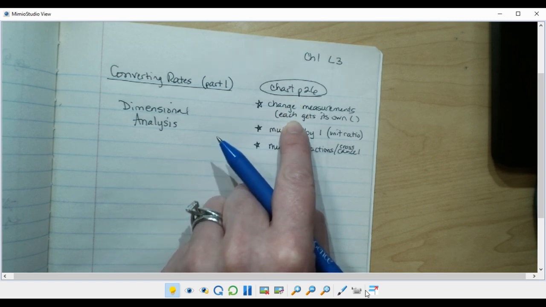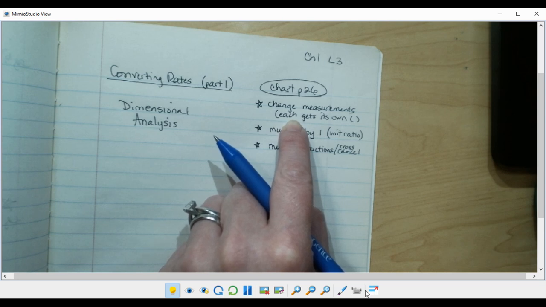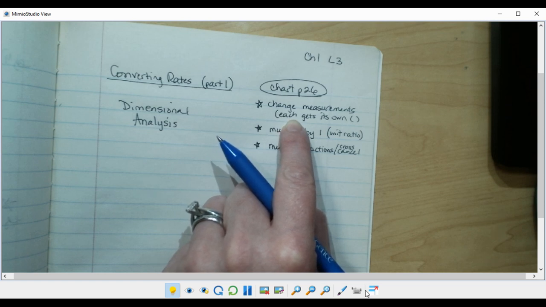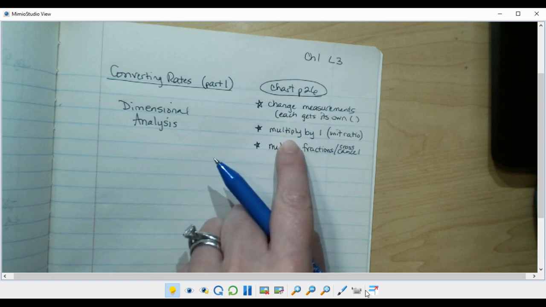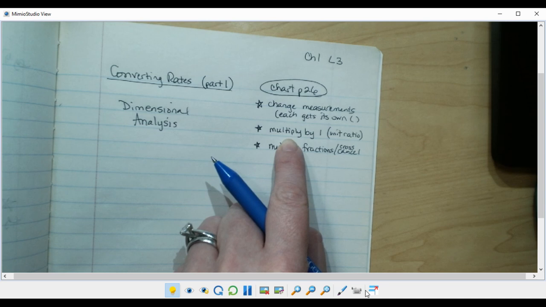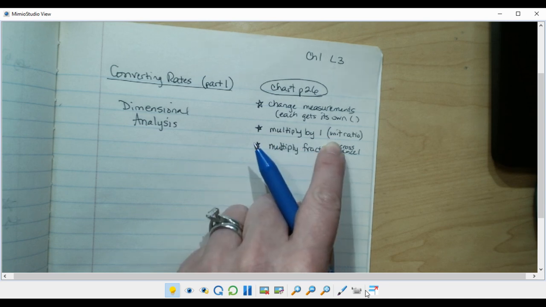Each time we change measurements, each one is going to get its own set of parentheses. I teach it with parentheses, not all teachers do, but I think once we get into this and you see what I'm showing you, it will make a lot of sense. Just remember, each change gets its own parentheses. This works because we're really multiplying by 1. It's not going to look like 1. We're going to be using the concept of unit ratios, which is like multiplying by 1.